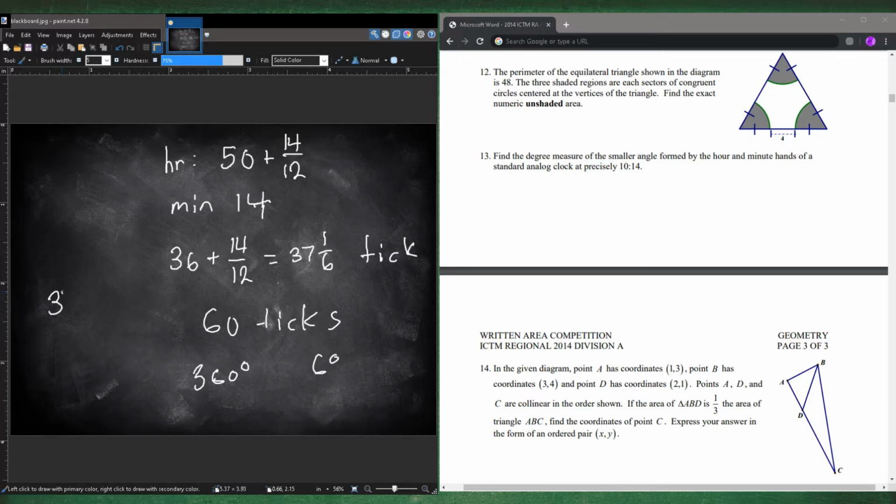So we just have 37 1/6 times 6, which is 37 times 6 plus 1, which is 223 degrees. Now you have 360 minus that to get the other angle, which is 137 degrees. We had to find the smaller angle, so the smaller angle is 137 degrees. So that's your answer.